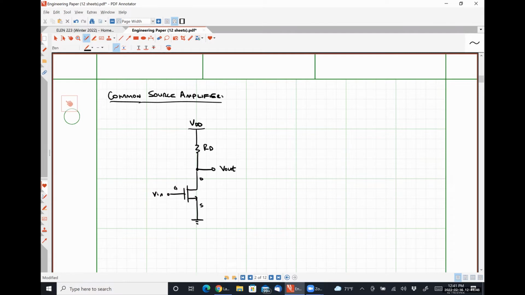So we're going to go through the steps of determining input resistance, output resistance, and voltage gain for this circuit, which means we're going to need to draw our small signal model. So for our small signal model, it's going to look something like this.